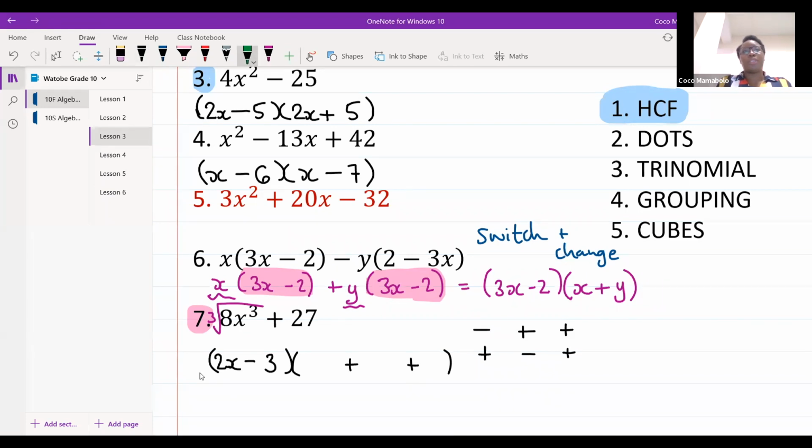Then I'm going to take 2x and I'm going to square it, and that number is going to go over here. So 2x all squared is 4x squared, and then 3 squared is 9, and that goes in the middle.